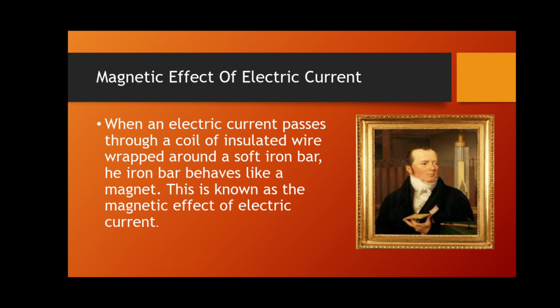When an electric current passes through a coil of insulated wire wrapped around a soft iron bar, here you can take a nail also, then the iron behaves like a magnet. This effect is known as the magnetic effect of electric current.